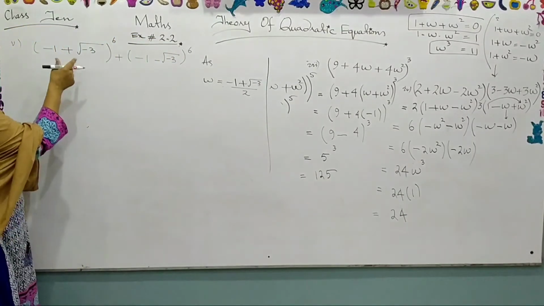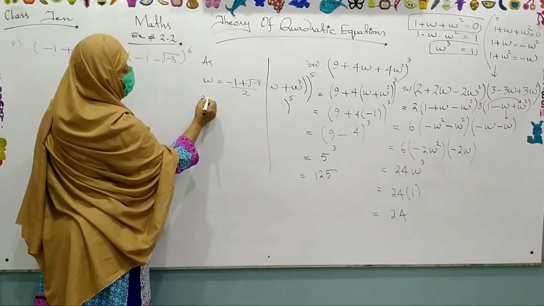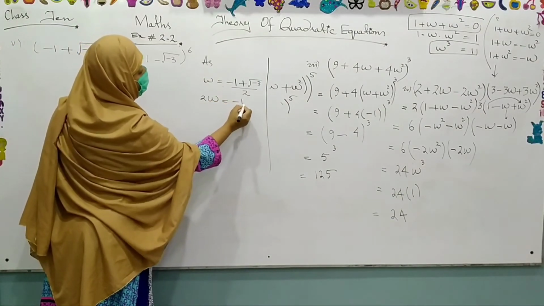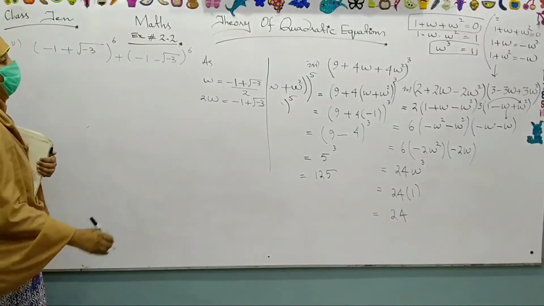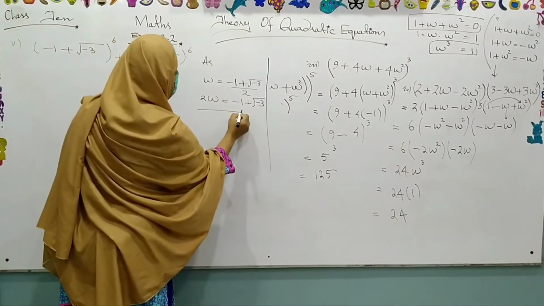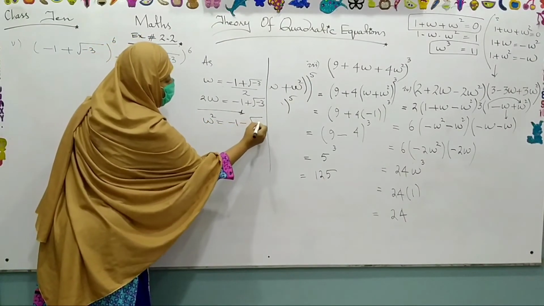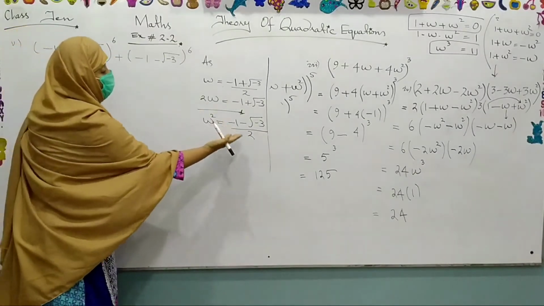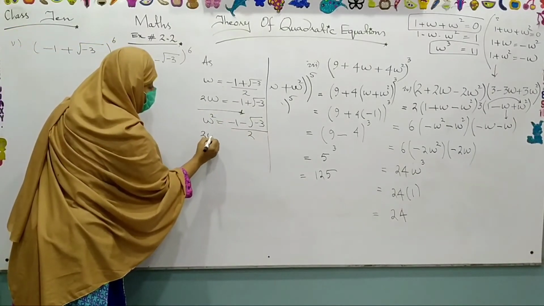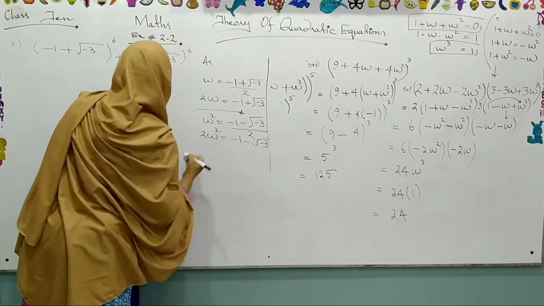And I am going to find only value of this. This 2 will become here. It will become 2 omega is equal to minus 1 plus square root minus 3. Similarly, I can write omega square is equal to minus 1 minus square root minus 3 over 2. This 2 when comes here, it will become 2 omega square is equal to minus 1 minus square root minus 3.